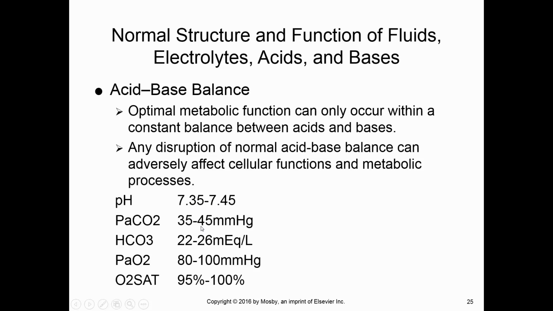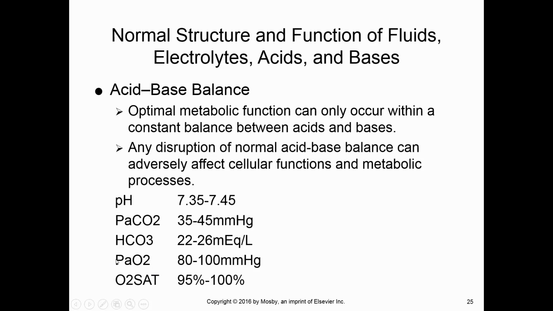The normal CO2 is 35 to 45. You've got to know this. The normal bicarb, or HCO3, is 22 to 26. You guys got to know this. The normal oxygen content is 80 to 100. And remember when I said your normal O2 sat is 95 to 100. So you remember when I said O2 sat and PaO2 are different.